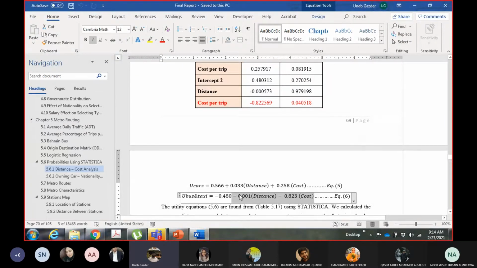So these are the utility functions, and you will see these parameters which are important for the traveler. In this case they are distance and cost, and in the slide they have also said that it can be travel time as well. Obviously it will be different. You cannot fix the parameters, but cost is very commonly there.